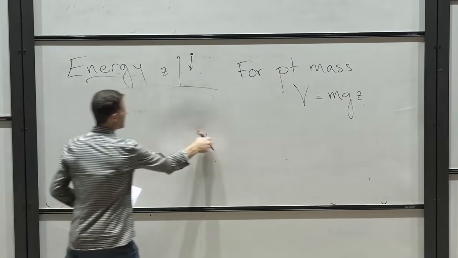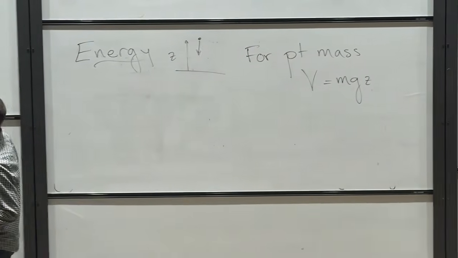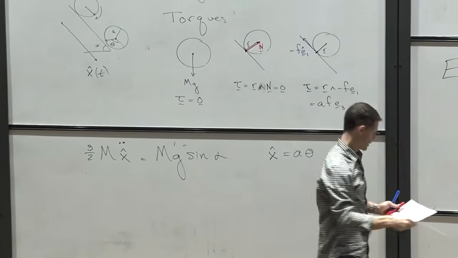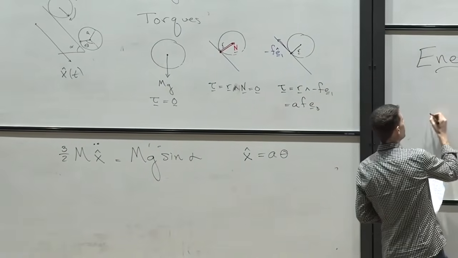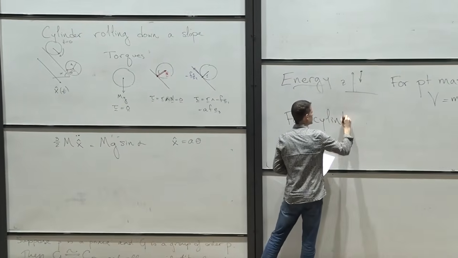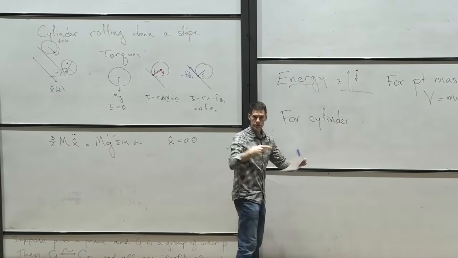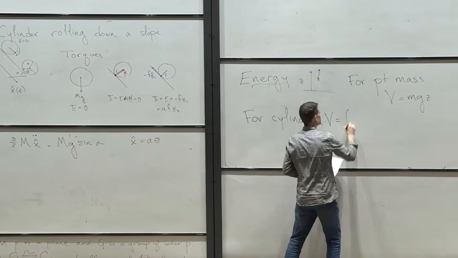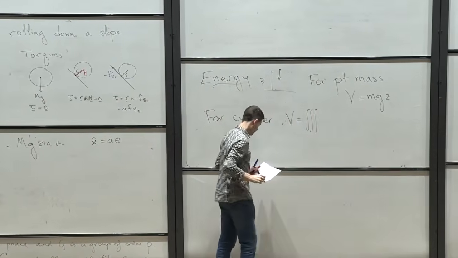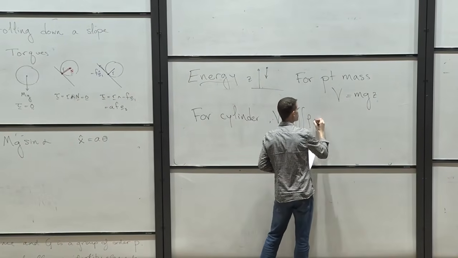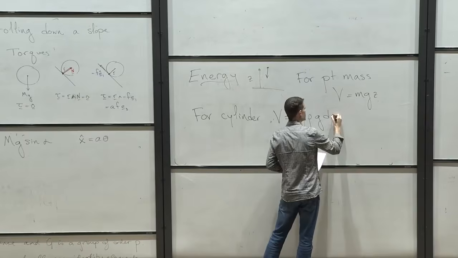We've seen that before. So if we want to work out the gravitational potential energy of the solid cylinder, we imagine extrapolating that to a uniform density of mass. So V would be an integral over the volume of the cylinder of density times g dx dy dz.